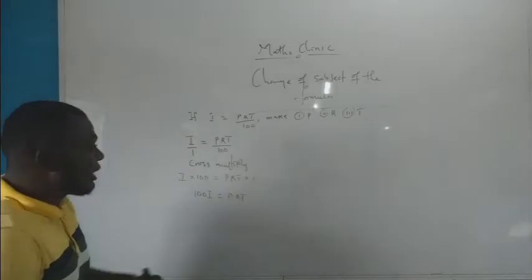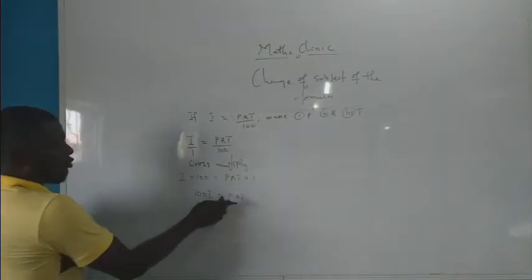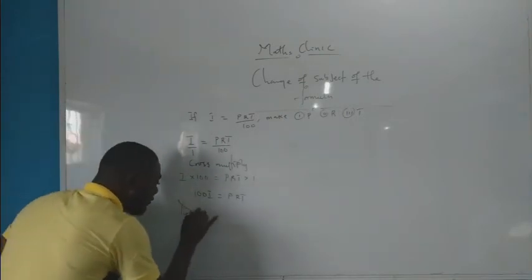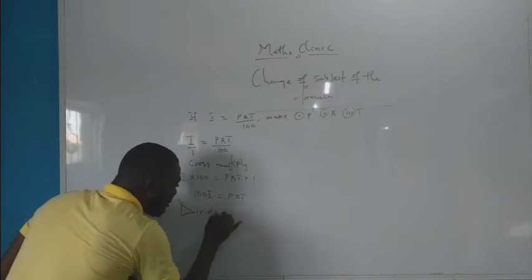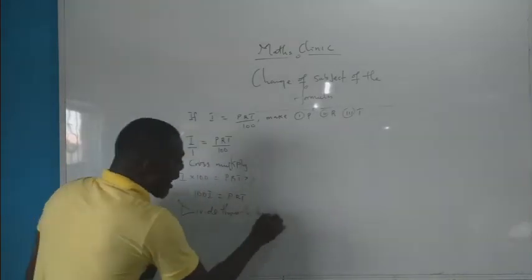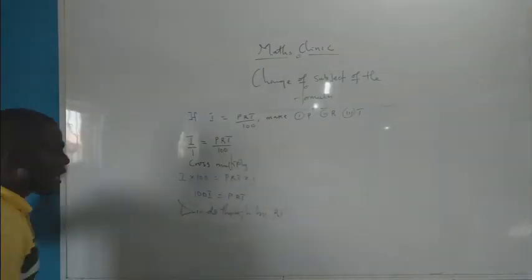So we have to make P the subject, that is P to stand alone. For P to stand alone, it means that we need to divide through by RT, so that we make P the subject.